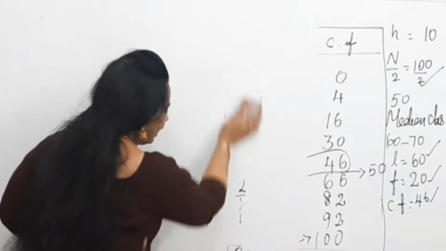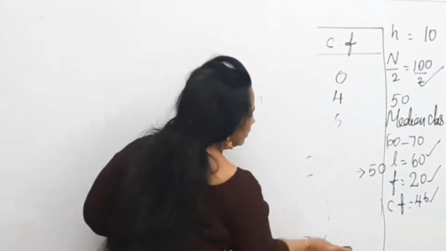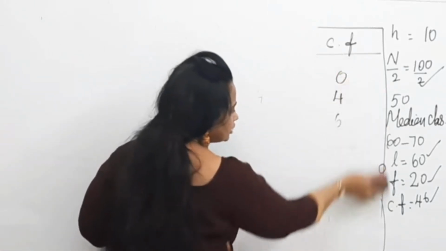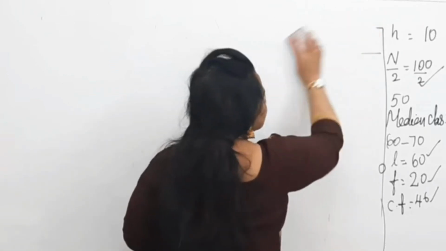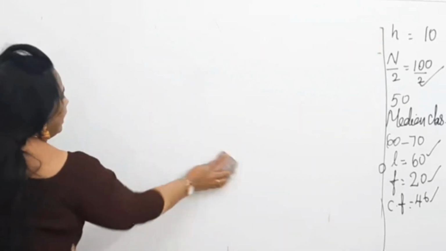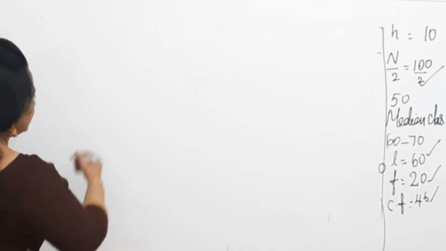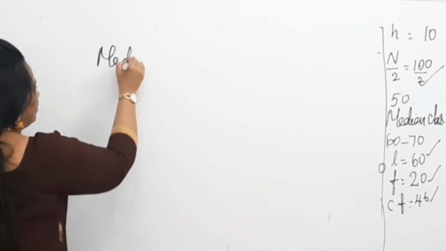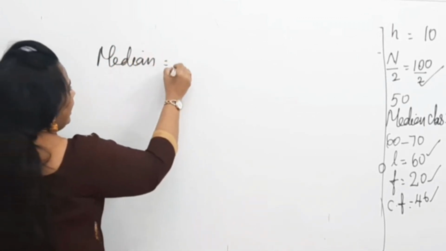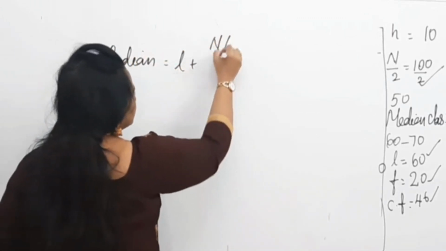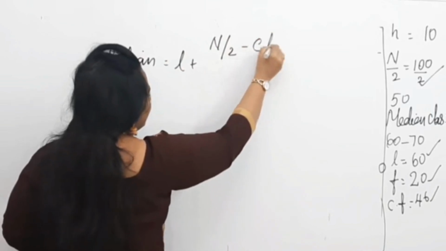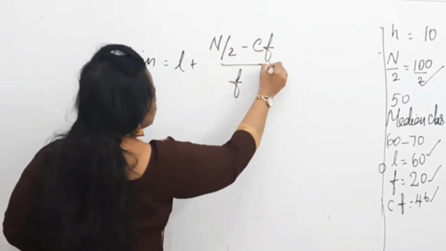So I will write my values like this, and then I will substitute. Now my median is going to be L plus n by 2 minus CF divided by F into h.